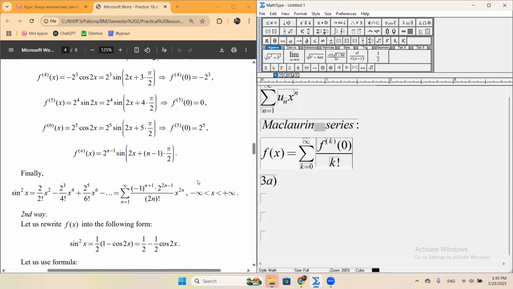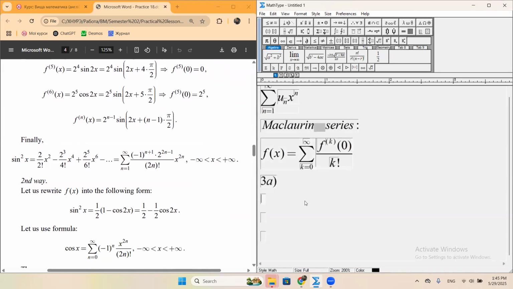And it converges everywhere. But also we can use the standard expansion of sine and cosine. First of all, let's rewrite sine square of x, reducing the power, as 1 over 2 times 1 minus cosine of 2x, so 1 over 2 minus 1 over 2 cosine of 2x.